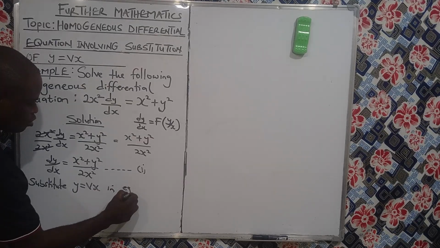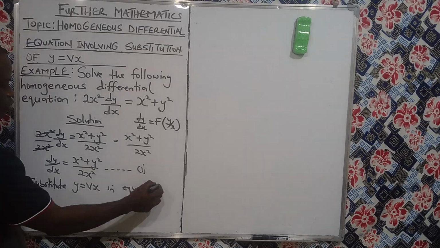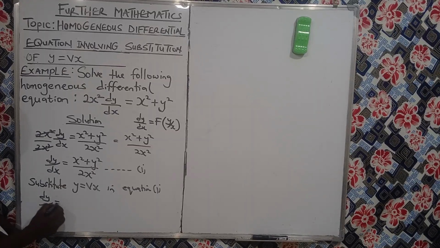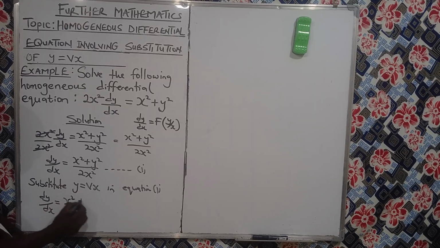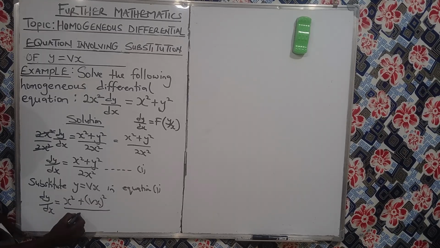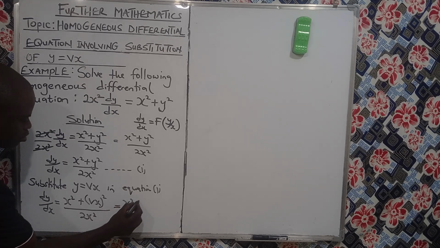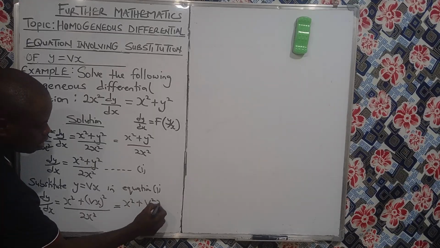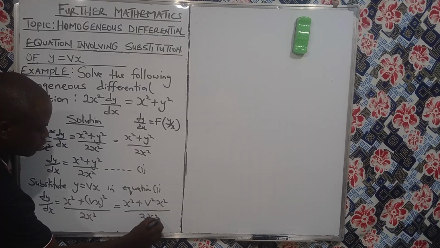In equation 1, you have dy over dx equals x squared plus, anywhere you see y, you replace with vx, vx squared over 2x squared equals x squared plus v squared, when you square what's in the bracket, x squared over 2x squared.